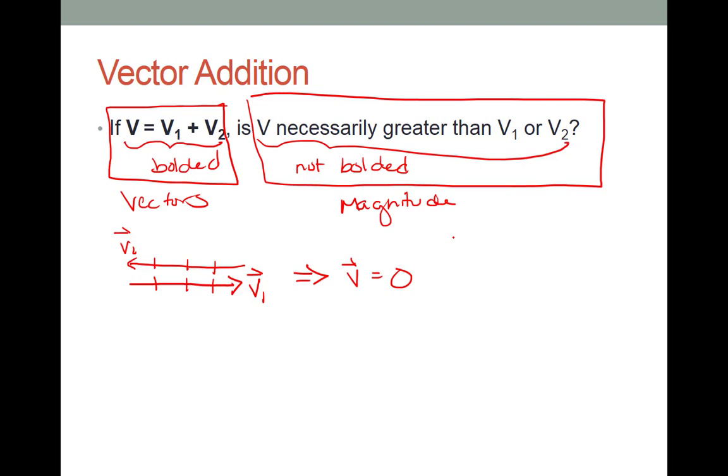Not at all. Both v1 and v2 have a magnitude, a size of 4, because we set it up that way. v is 0. Okay, so that's one way I can get an answer of something not bigger, right? So one thing to keep in mind is that when we say vector addition, it could mean that we're subtracting. It just depends on the directions.